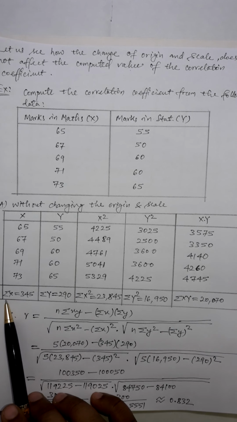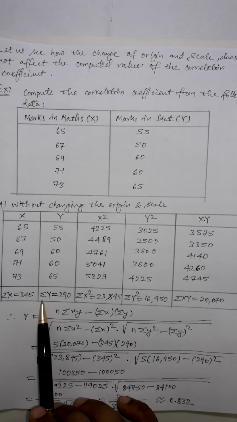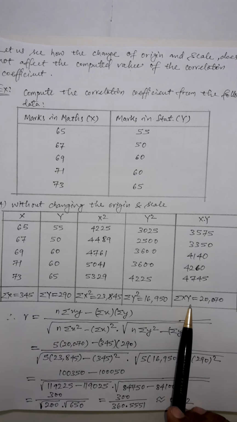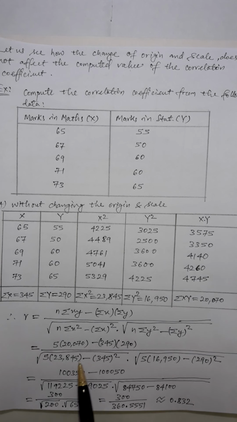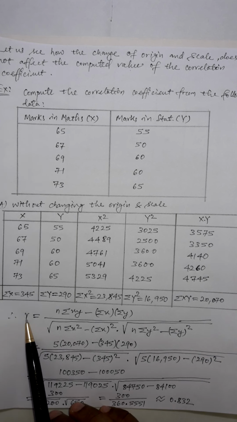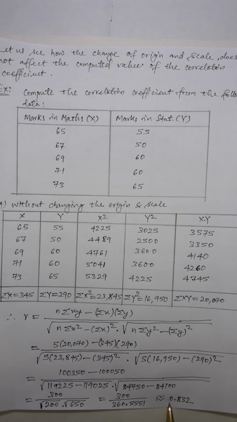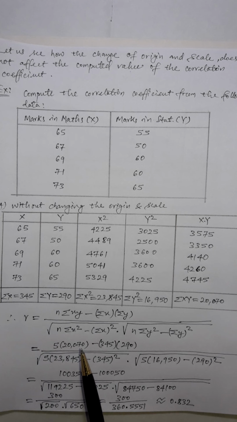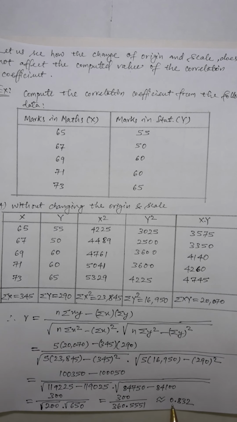From each column you will get summation of x, summation of y, summation of x square, summation of y square, summation of xy. Now after putting the values here and calculating step by step, the approximate value of the correlation coefficient I am getting is 0.832. I obtained this without changing the origin and scale, that means by the direct formula.